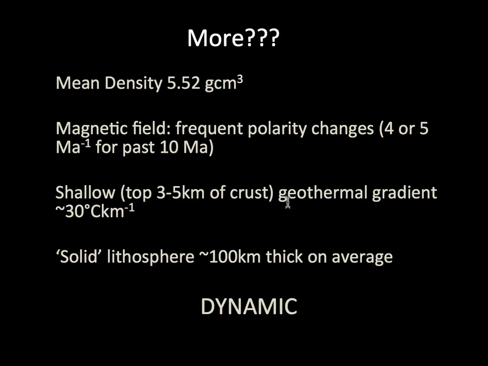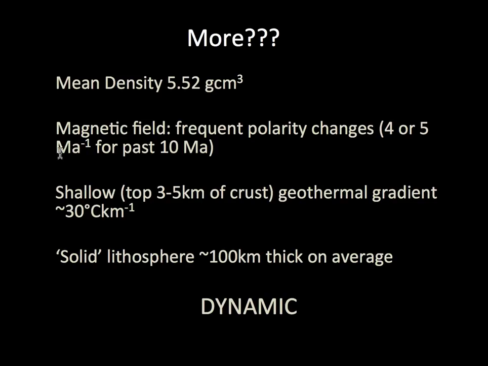I have mentioned the fact that the magnetic field does reverse polarity from time to time, and I've just given you a little bit more data here. Over the past 10 or so million years, we know that there has been about 4 or 5 reversals per million years.